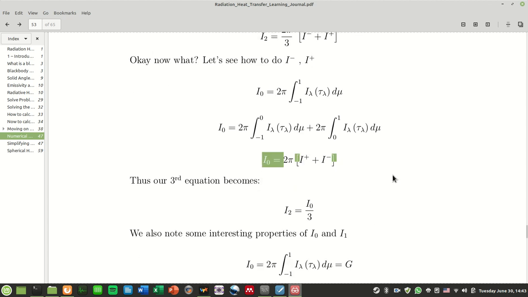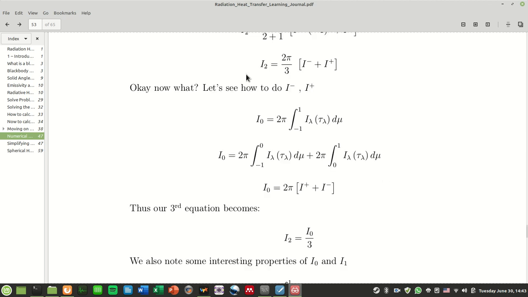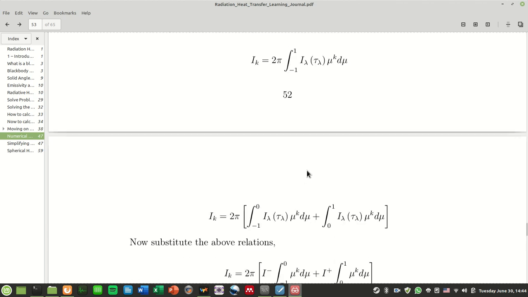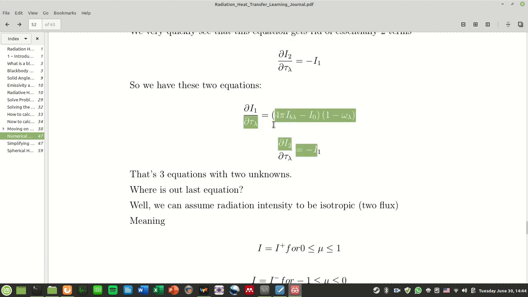Okay, so combining these two equations together, this one and this one, we get our third equation here. Our third equation here is I2 equals I naught over 3. So this actually makes our third equation over here.